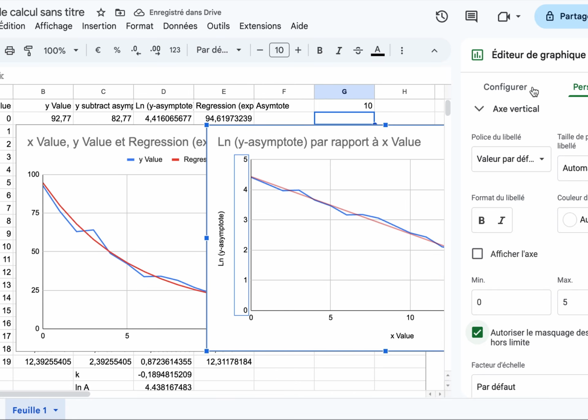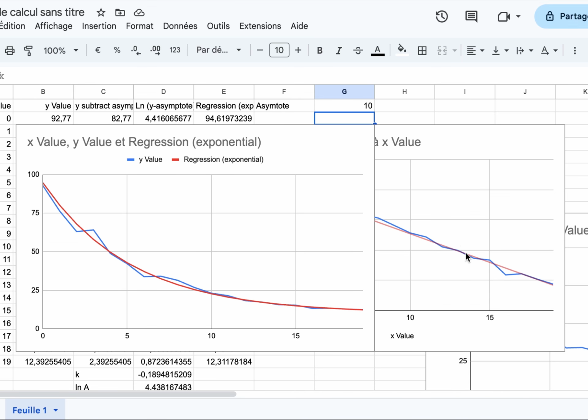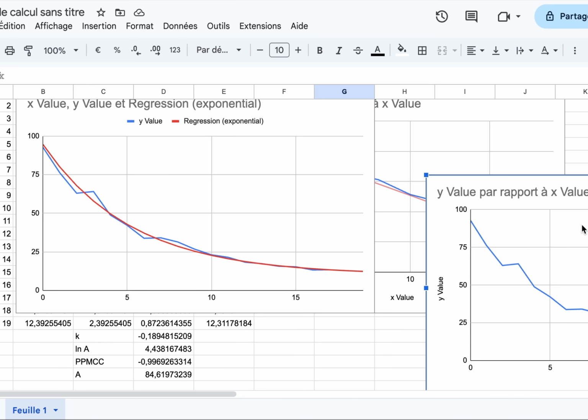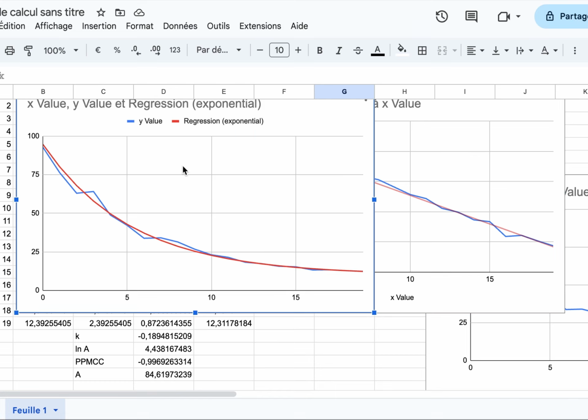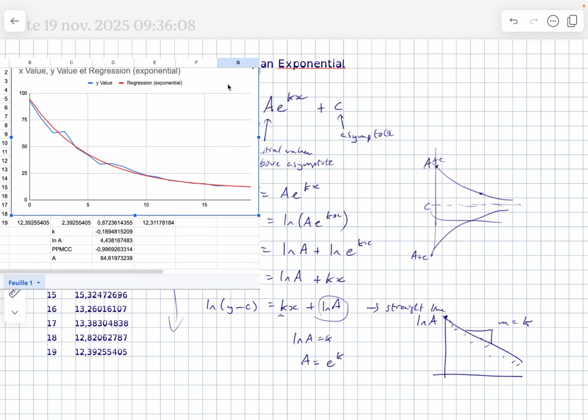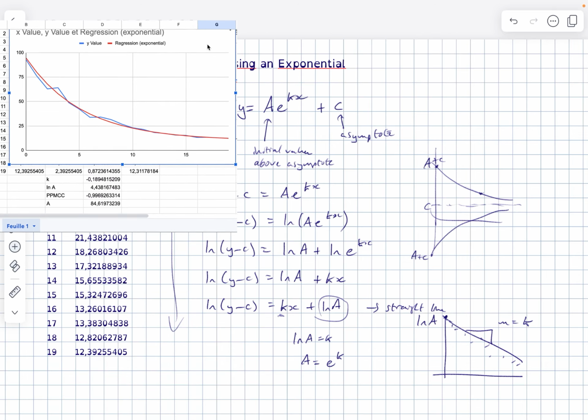Then that shows me what my regression line looks like and what my values look like. I can see my original curve here. So I go original curve, straightened graph, and straightened graph with regression line. And then this is my actual exponential regression. I need to change the titles and put the axes labels on, but I can use those in my actual IA.